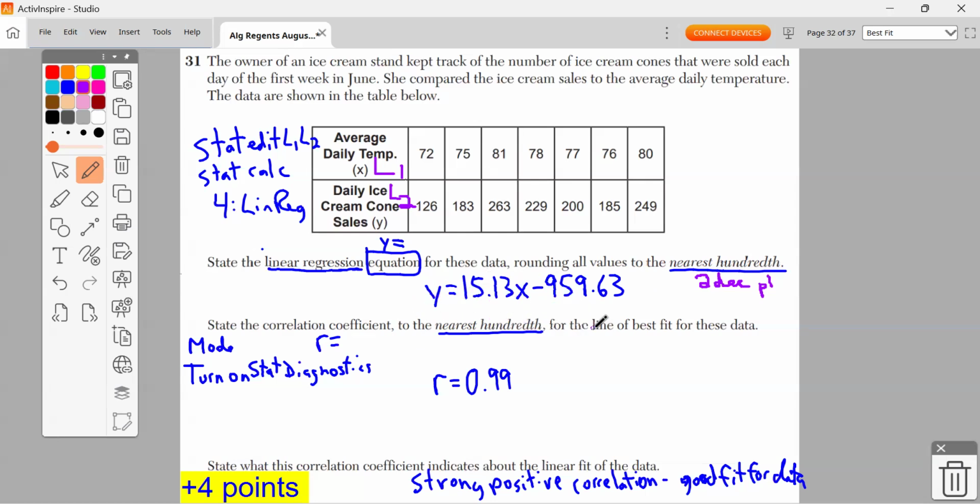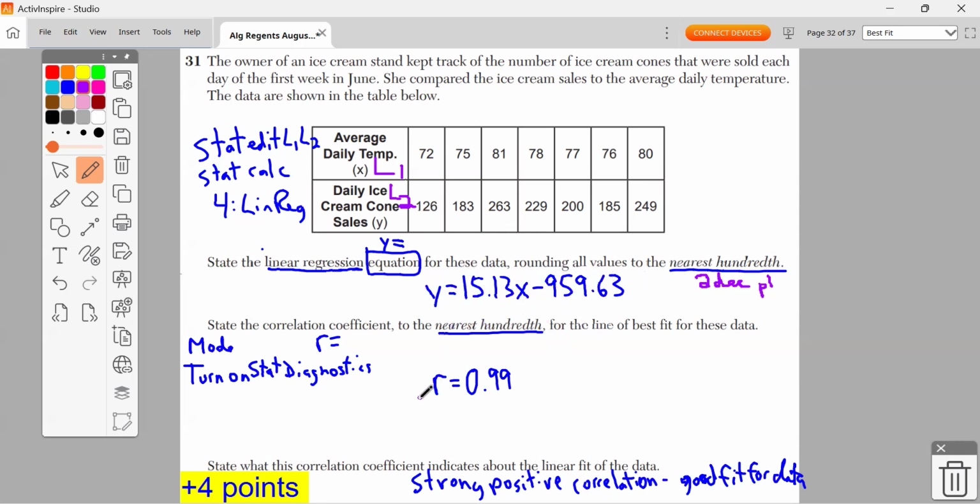So y equals 15.13x minus 959.63. Be careful. You have to look and see whether your B value is a positive or a negative. If it was a positive, this would have been a plus, but it's a negative, so therefore it's a minus. That gets you 2 credits right there out of the 4.